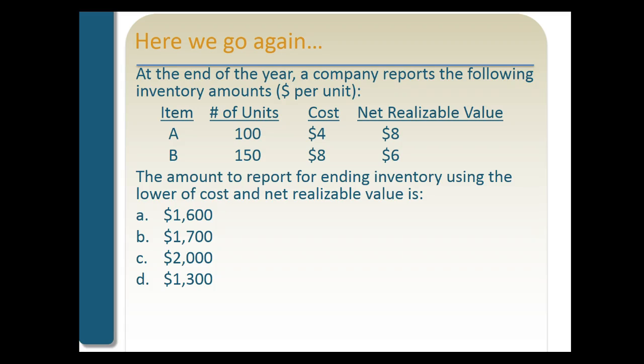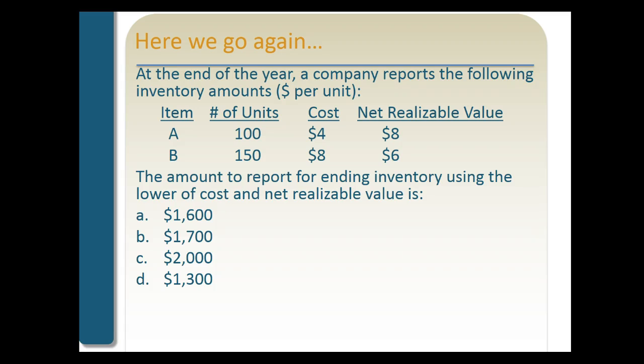At the end of the year, a company reports the following inventory amounts. So item A, we have 100 units at $4 and the net realizable value there is 8. Item B, we have 150 units, the cost is $8, the net realizable value is 6.